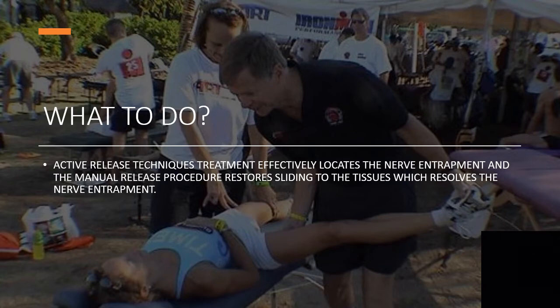Understanding of proper anatomy and where the nerves slide allows the practitioner to detect whether there's a nerve entrapment or not. And oftentimes, during the palpation and or stretching of that area, we will recreate symptoms of numbness, tingling, burning, and or pain that also help to confirm the diagnosis.